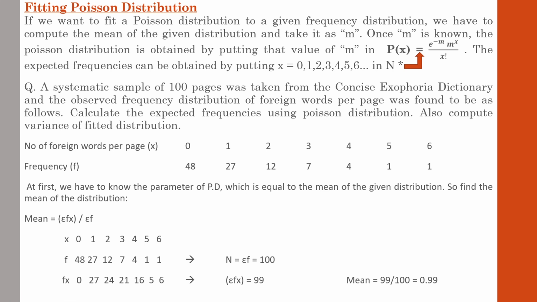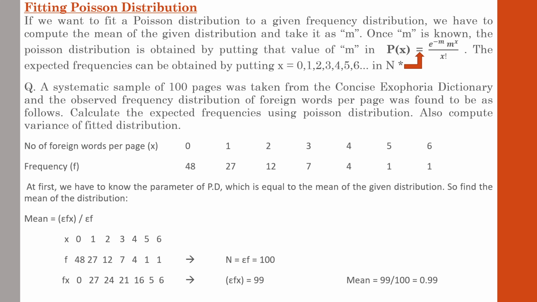Once you find m, you find the table value of e raised to minus m. Here it is 0.99, so it will be e raised to minus 0.99, and you find the table value of that number. Once you have it, you need to find the theoretical distribution on the basis of the x values and the actual frequency distribution, otherwise known as the observed frequency distribution.